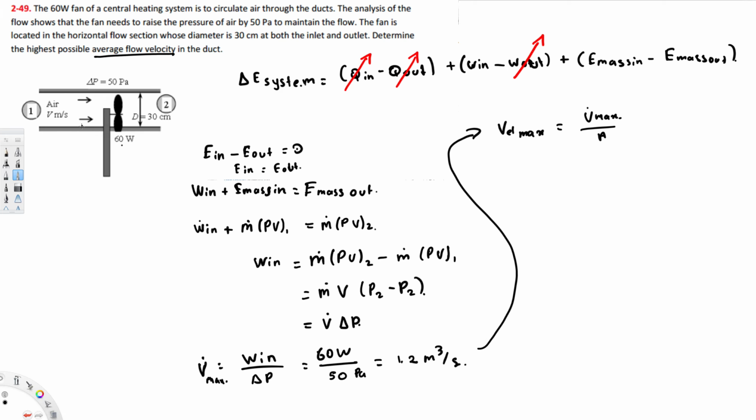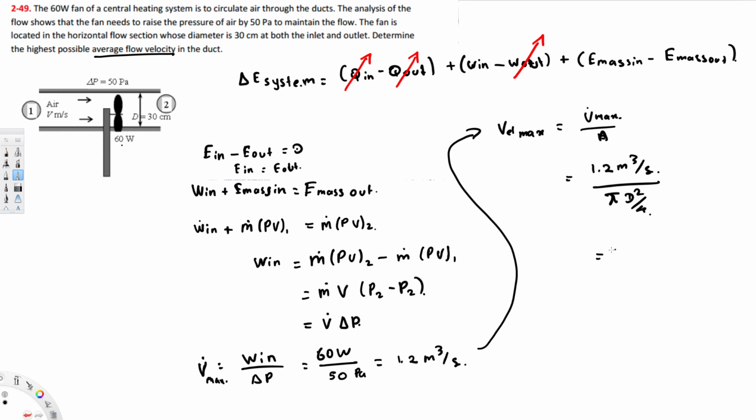So the cross sectional area for a circle is pi r square, and they have given the diameter, so we can use pi d square by 4. So V max is going to be 1.2 meter cube per second divided by pi d square by 4.